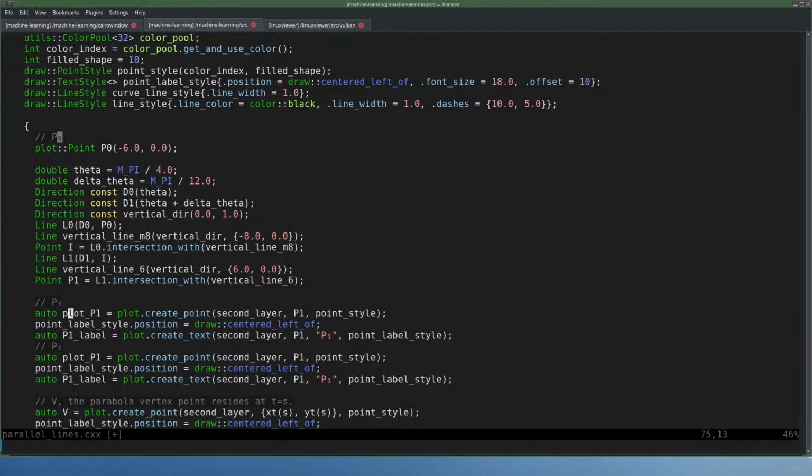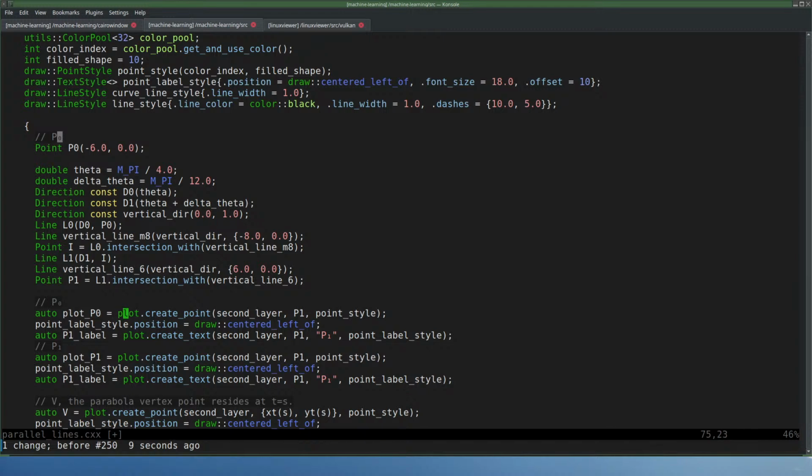I already have plot P0, so that is more like plot. Let me just use a P point here, and then we create the draw object here.